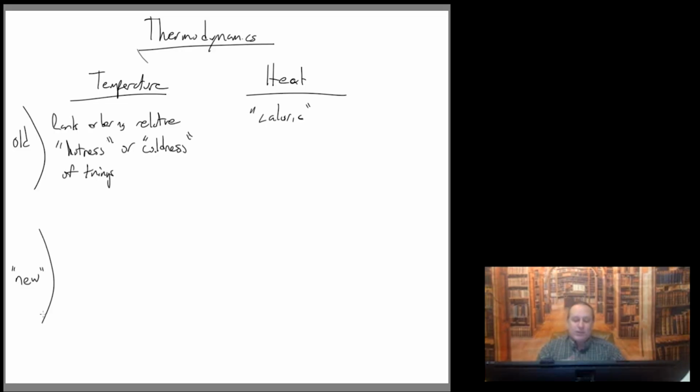And we say that temperature is a measurement of the average kinetic energy of the particles of a system.